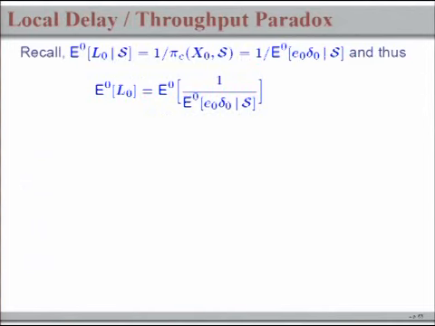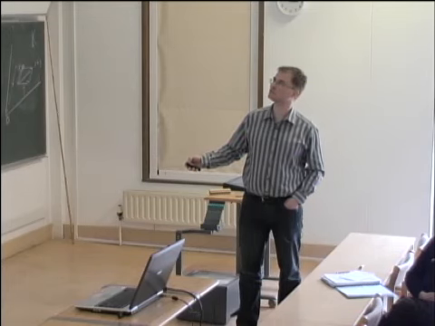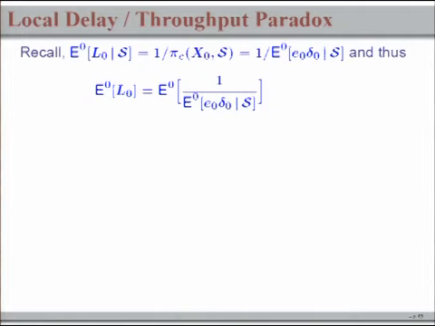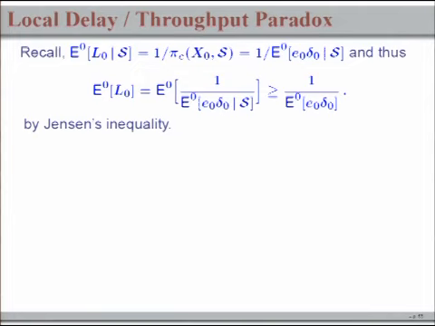As I said, given the static elements of the network, this is 1 over the conditional successful transmission probability. This was the mean of the geometric random variable. Then, deconditioning over all the static elements, we obtain this, which is obviously, by Jensen, larger than this thing, if you take all the expectations at the same level.